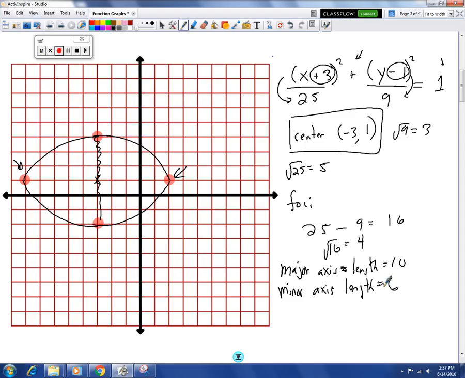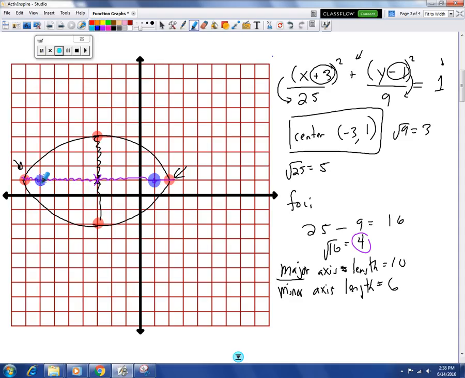So to locate my foci, I use my major axis. This is the major axis, I'll do a purple wavy line. Right there is the center. I just go 4 units to the right and place a dot. This would be one of my foci, that blue dot, and then go from the center of the ellipse to the left.